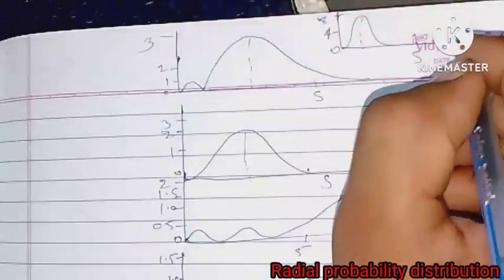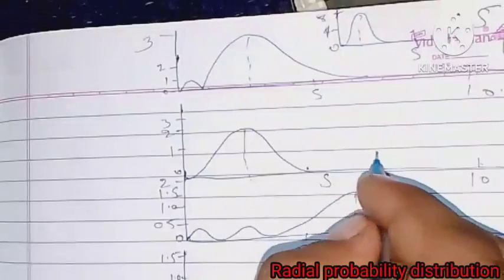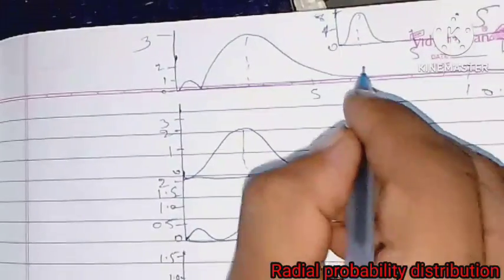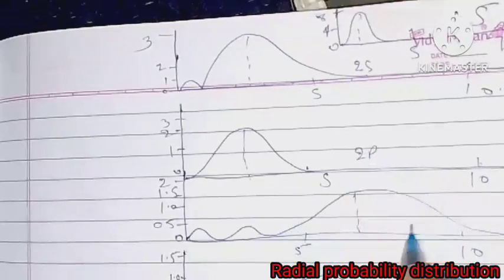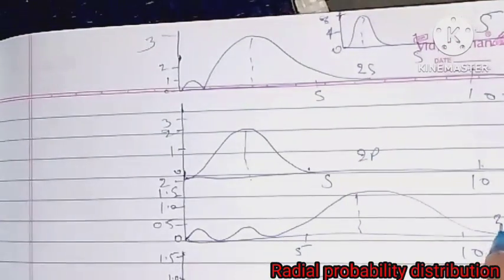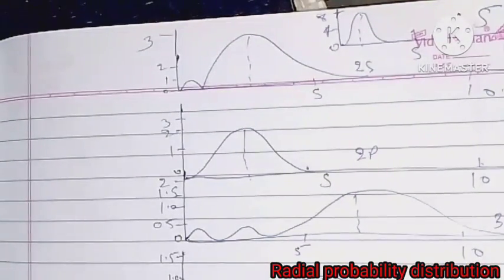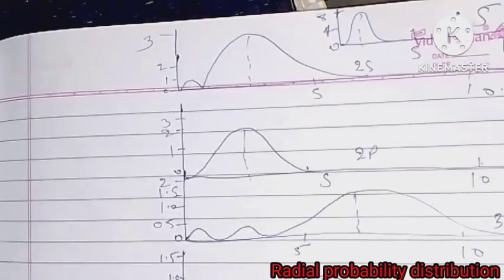This is for the 1s orbital. This is for the 2s orbital. This is for the 2p orbital. This is for the 3s orbital, and this is for the 3p orbital, and this is for the 3d orbital.